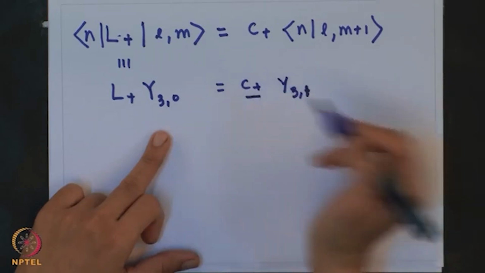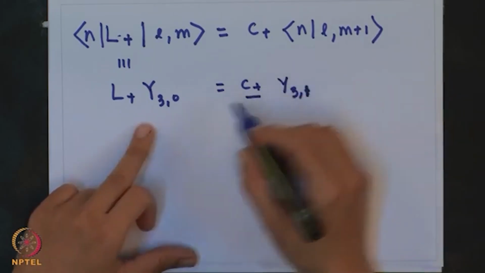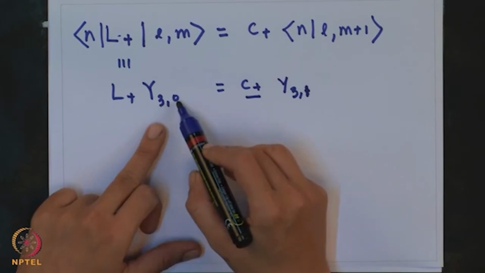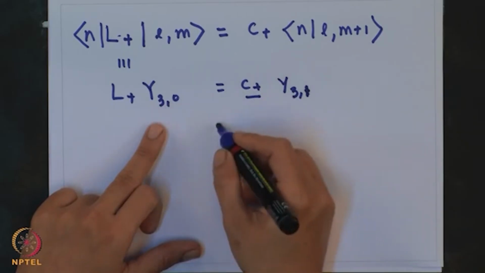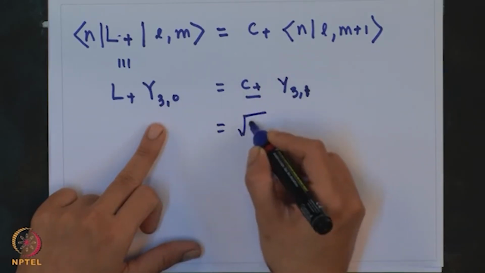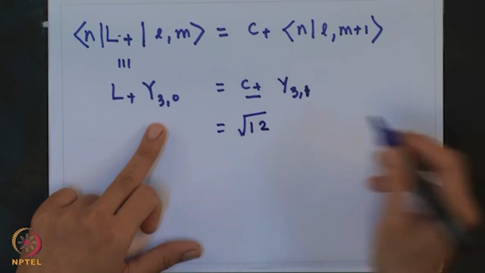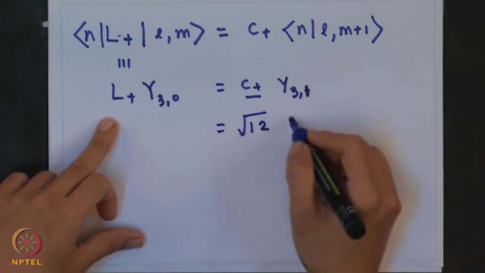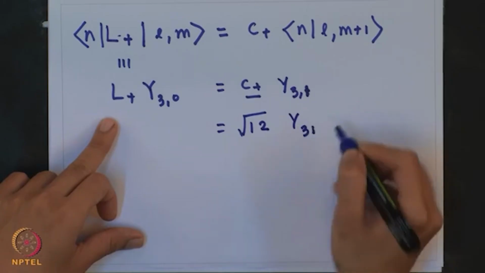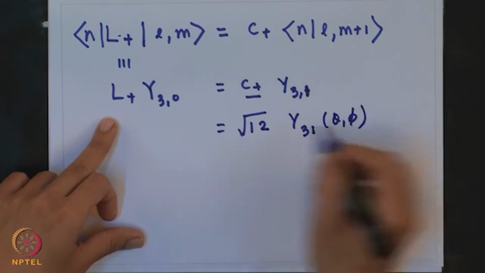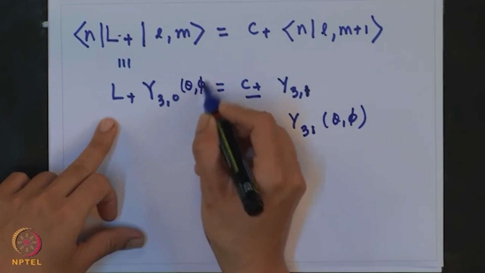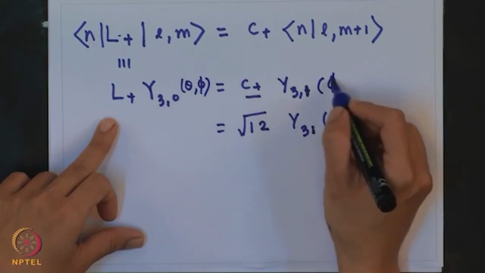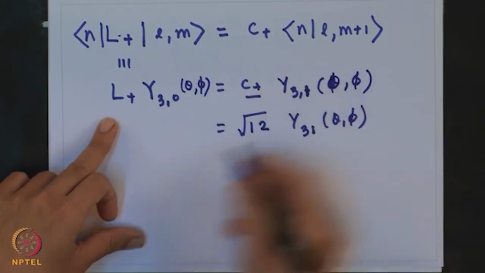So I have to evaluate the value of C. For L equal to 3, m equal to 0, I will have C plus as square root of 12.